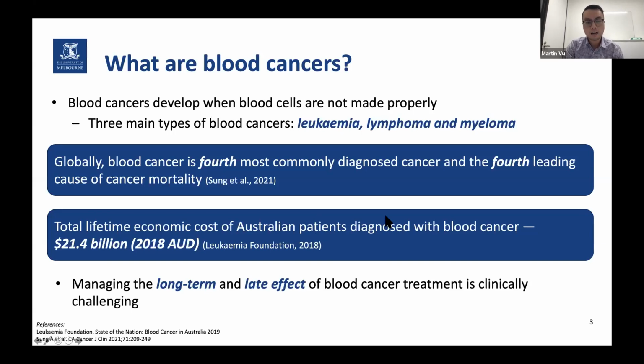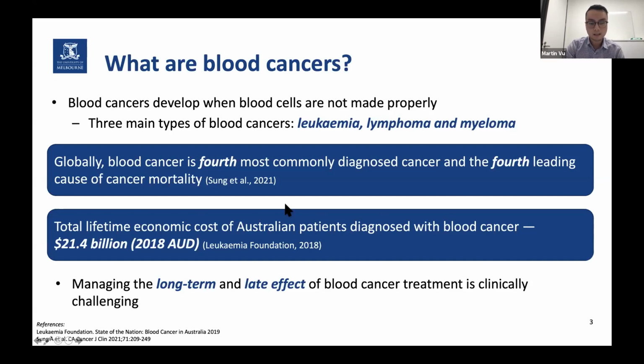So there's a substantial health burden for patients, but there's also a huge economic burden. Specific to the Australian context, the total lifetime economic cost of Australian patients diagnosed with blood cancer equates to over $21 billion.